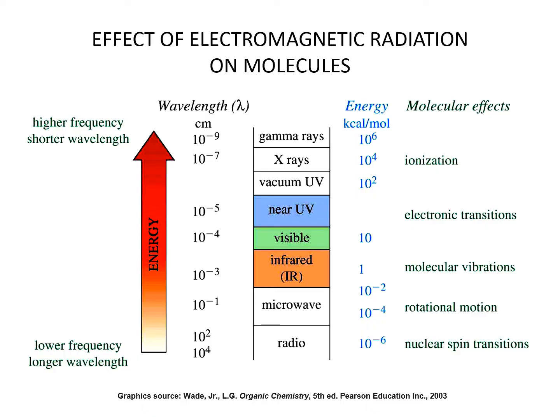So what happens when matter interacts with electromagnetic radiation? Well, it depends on the energy of that radiation. Lower energy radiation, such as radio frequency, will make the molecule just spin around its axis, whereas high energy radiation, like that of the near UV, makes the electrons within the molecule excite into higher energy levels.